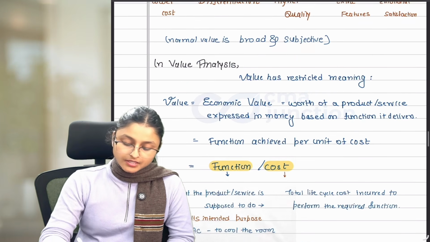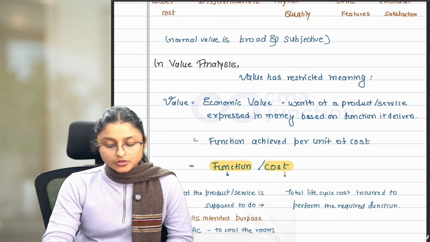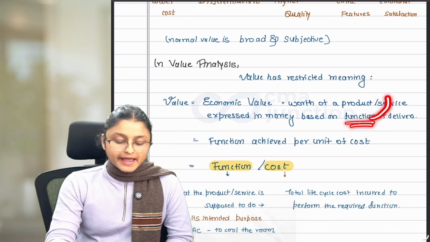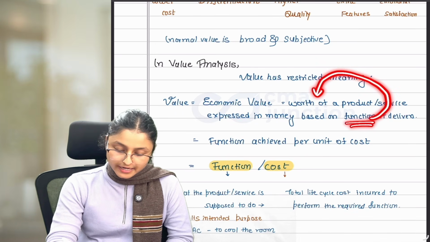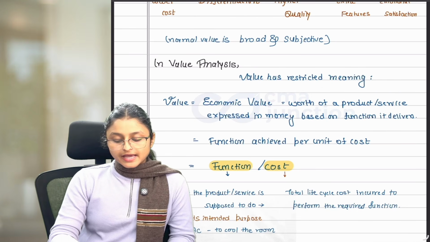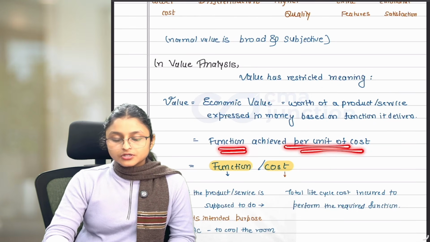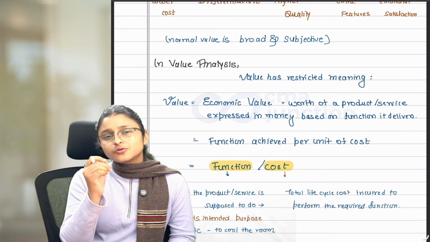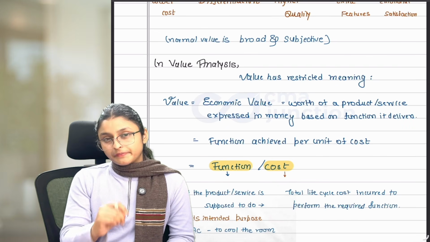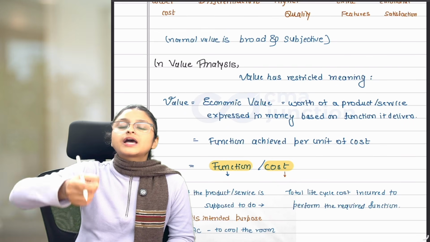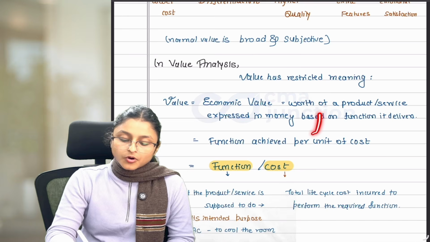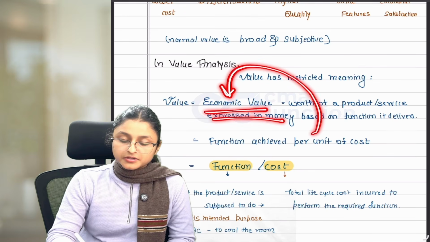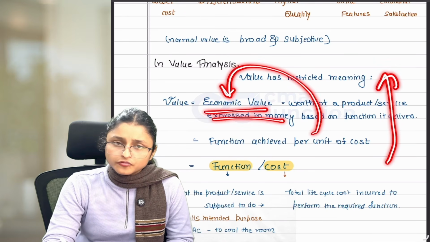Done? Now, we are looking at function and its worth, right? So can I write it as function achieved per unit of cost? For every rupee I am spending, how much function am I getting? That is what we want to know in economic value, and that is what we want to improve, right?